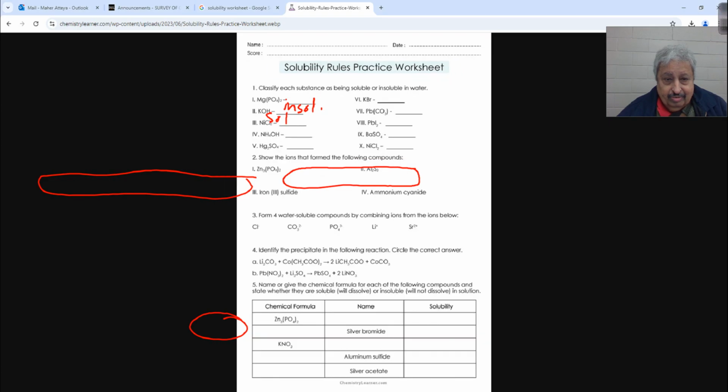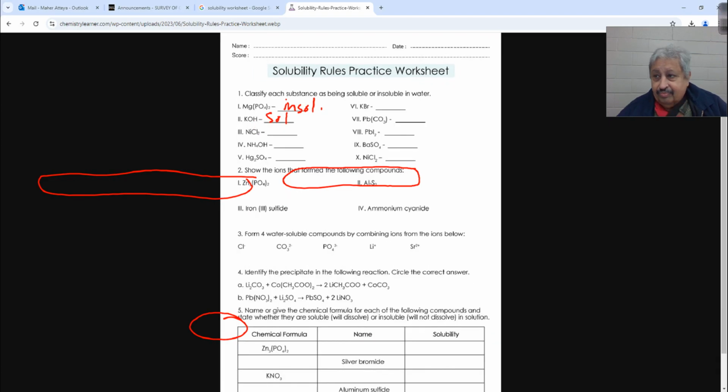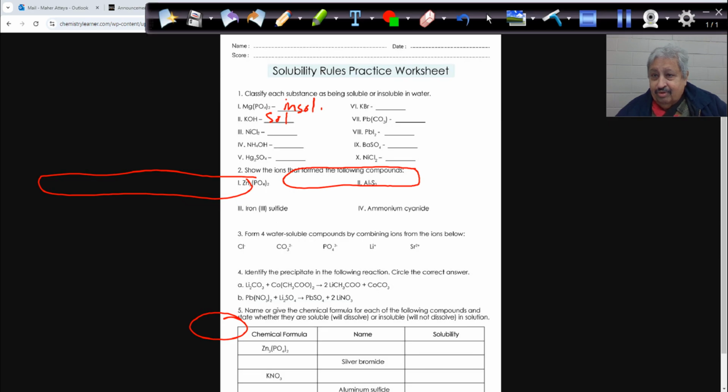We said soluble, correct? Maybe one more. Yeah, we'll do one more. Nickel, we said soluble, correct? How about ammonium hydroxide? All the ammonium cations are what? Soluble. So it has to be soluble.